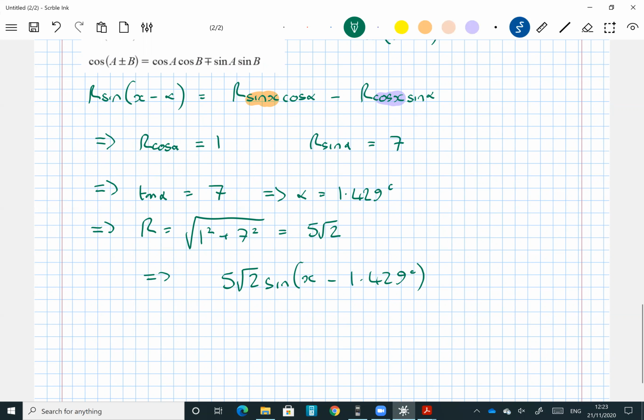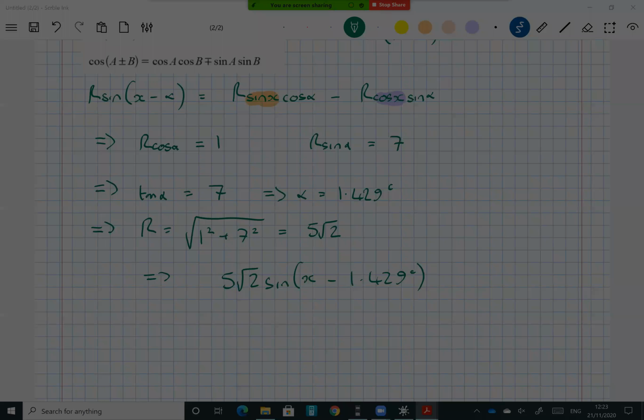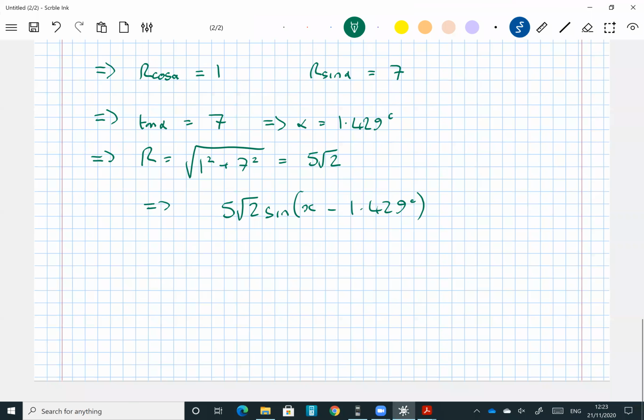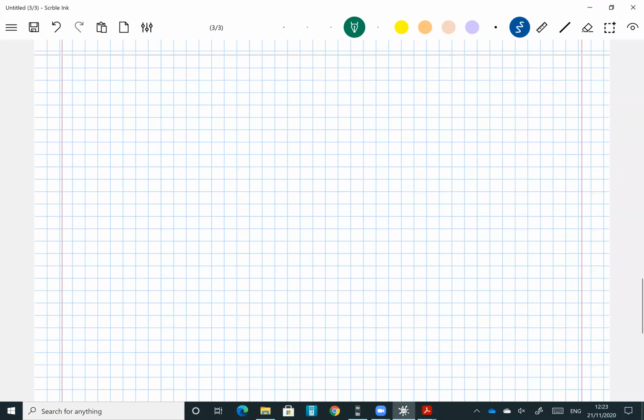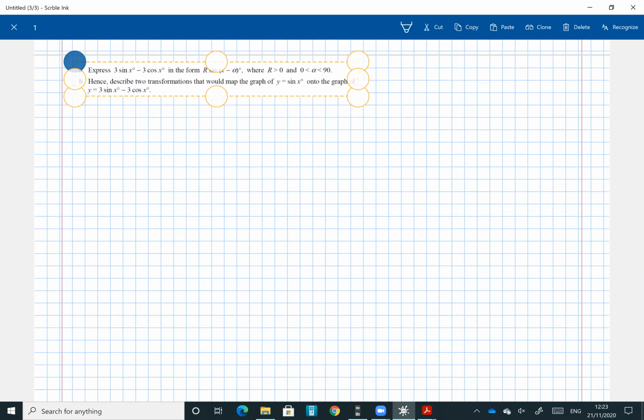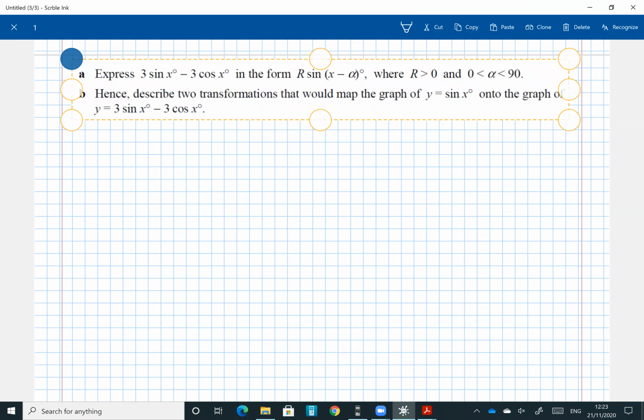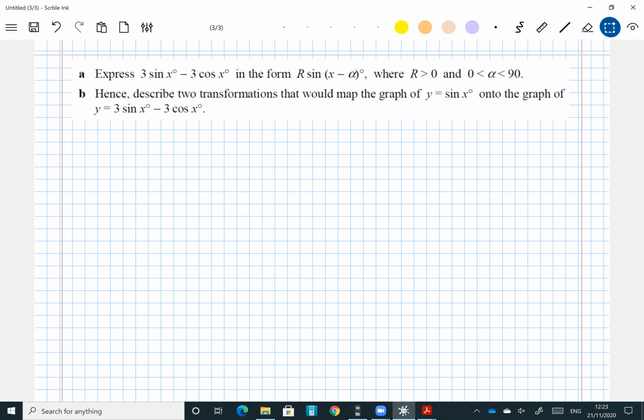But let's now try and apply it to a few different contexts. So let's take this one, this application, for example. It's a question from the worksheet that I've put in the live lesson area. So that's it there. Have a go at that one.